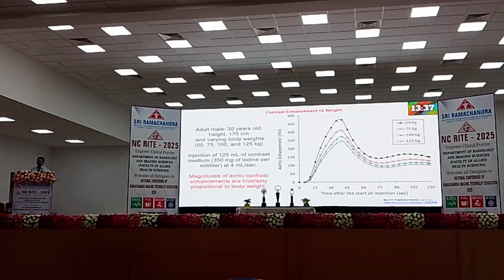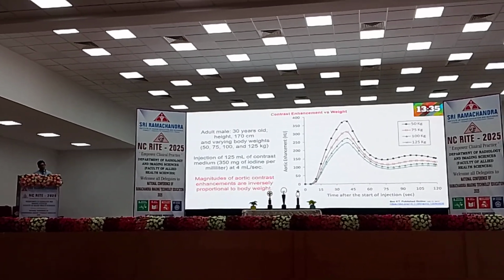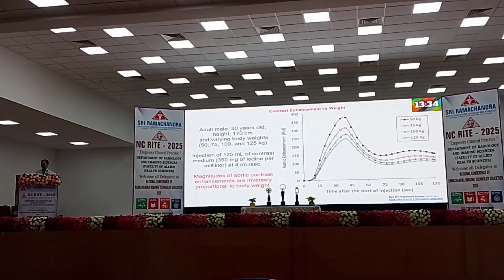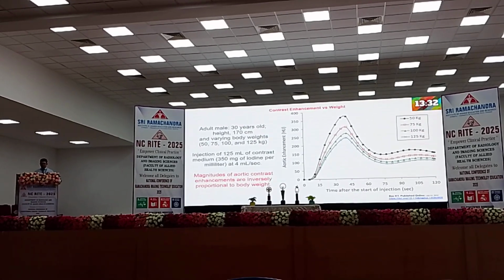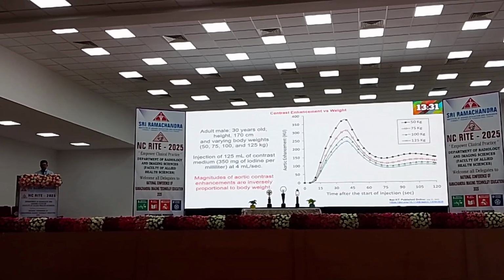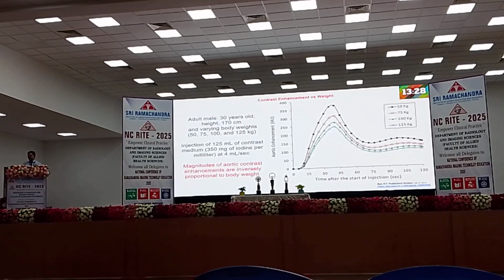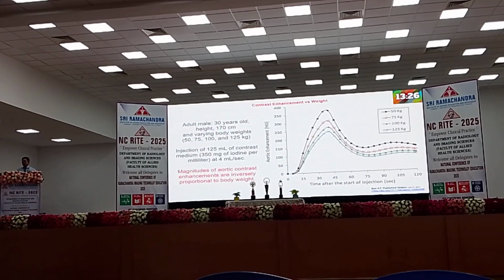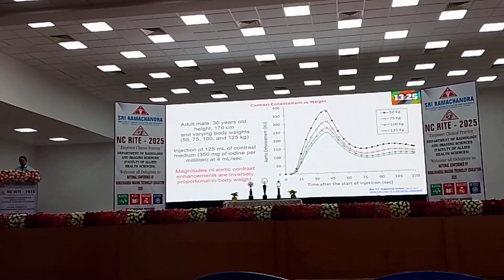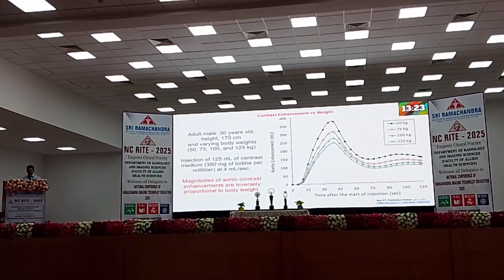As I mentioned, it is a little bit complicated to understand, so I'll try to explain it in a simpler way. See, the example I have written here is contrast enhancement versus weight, meaning the factors I mentioned affect it. Now we are comparing the contrast enhancement with the weight of the patient.